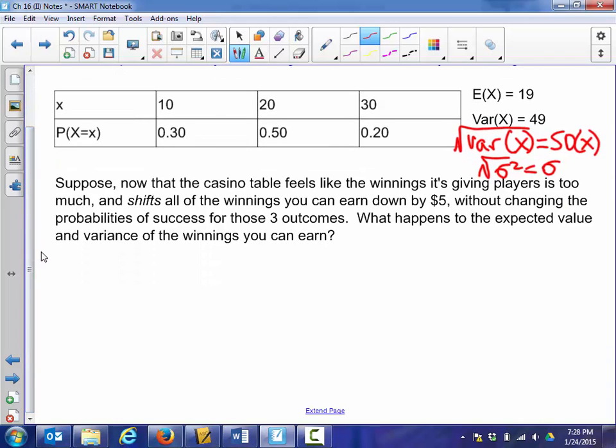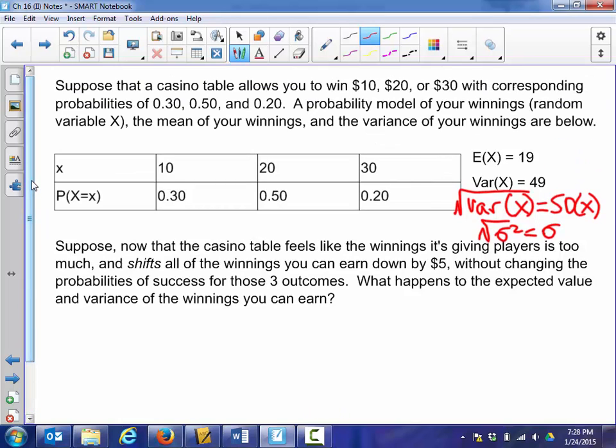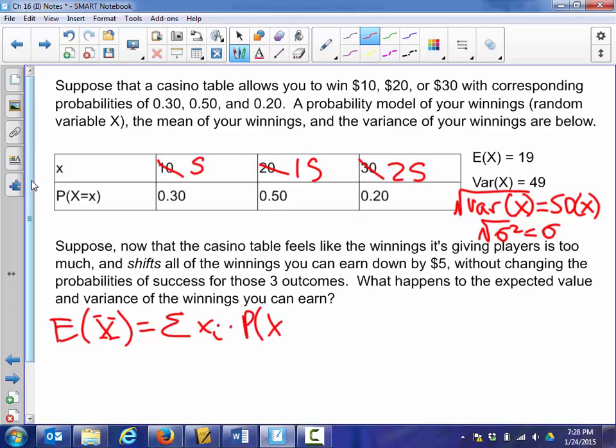I'll save time. Instead of 10, 20, and 30, the winnings have been shifted to 5, 15, and 25. The expected value of x is the sum of, in this case, three different products. For each individual data value x sub i, you multiply it by the probability that your random variable equals that value.